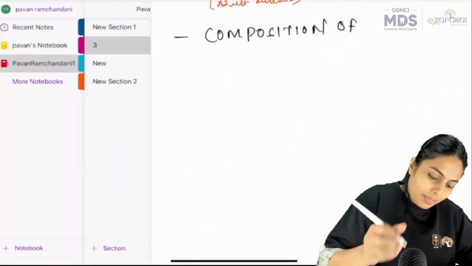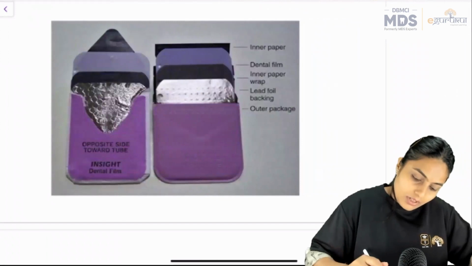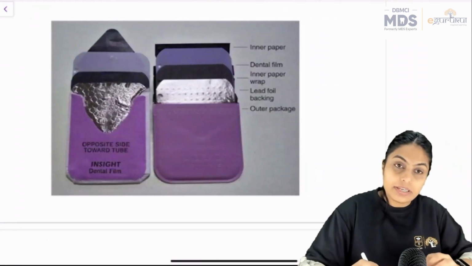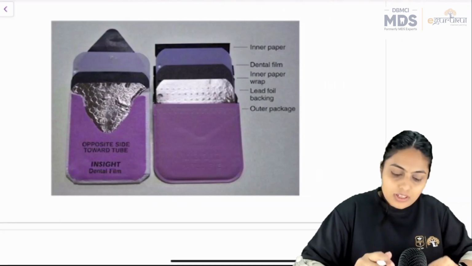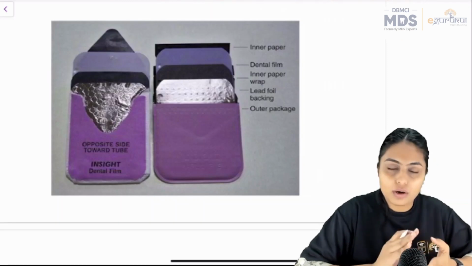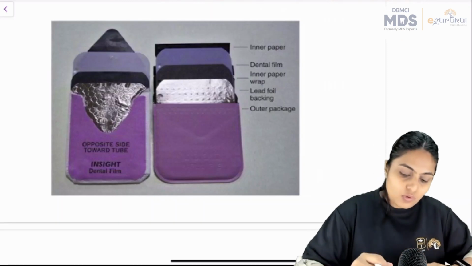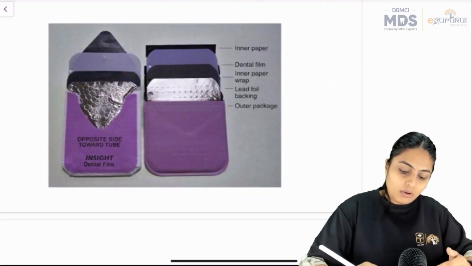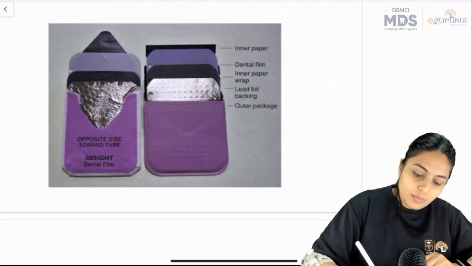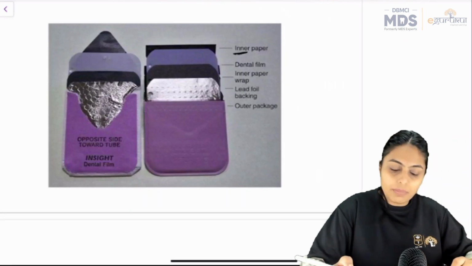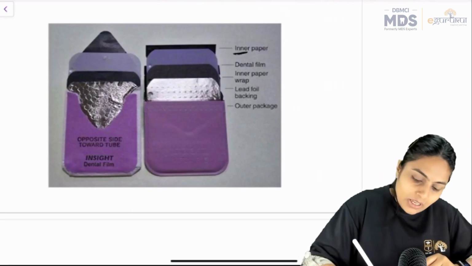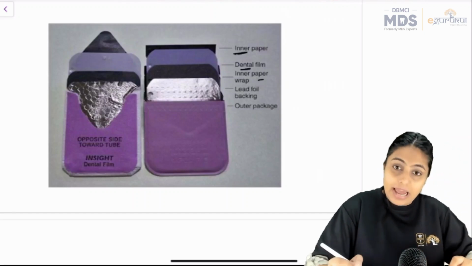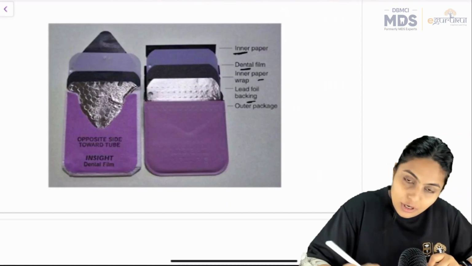Now if you look at this picture, you can see an IOPA film, which you must have used in your practicals. IOPA films basically have layers. Talking from the tube side, we have the inner paper wrap, then the dental film, then the inner paper wrap again, black colored, then the lead foil backing.